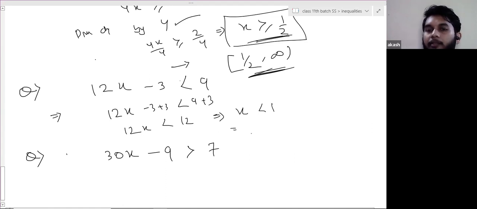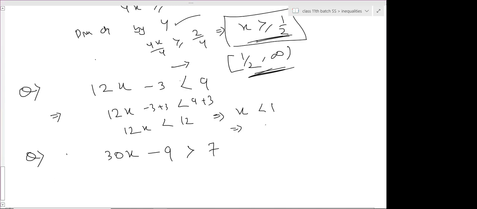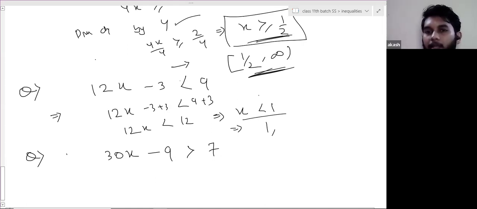So in interval form, Iram, can you tell me what will be the answer here? Yes, 1, comma infinity. See, x is less than 1, right? Always try to draw a number line.